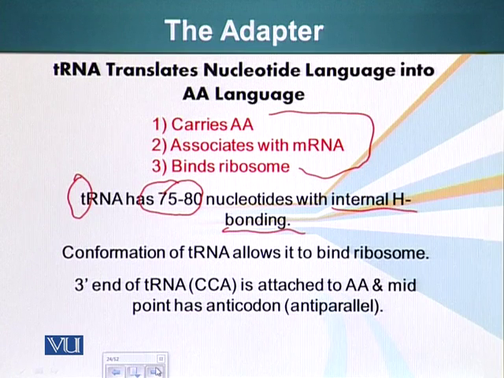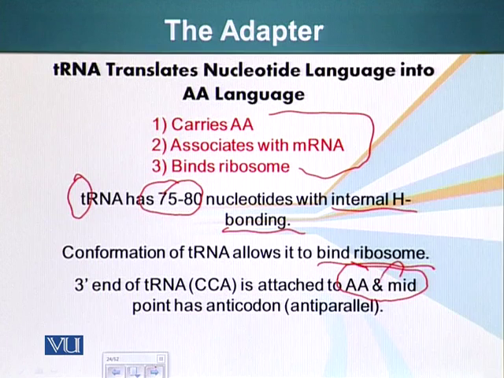The conformation, the three-dimensional placement of atoms in space, allows it to bind the ribosomes. The 3' end of the tRNA, the 3' hydroxyl of the last nucleotide of this molecule, is the place where amino acids are bound.